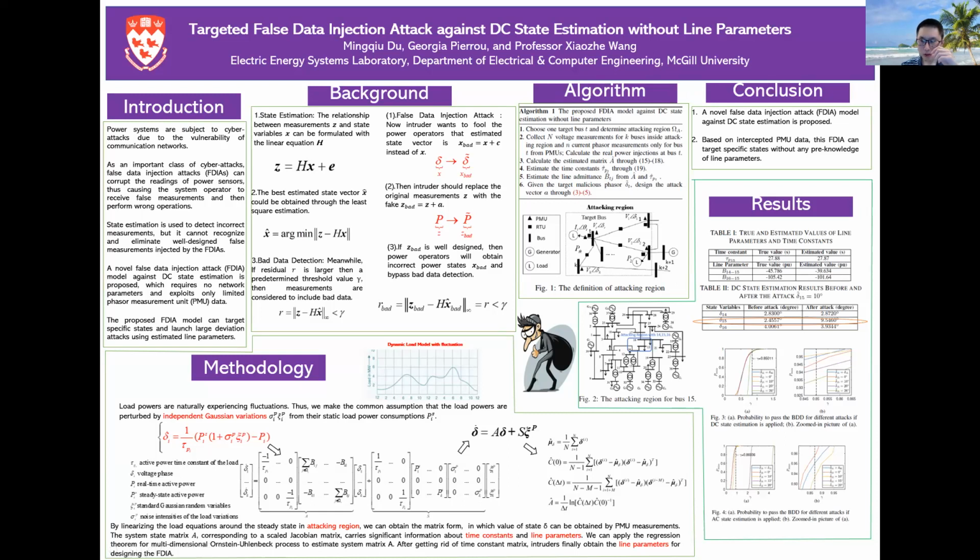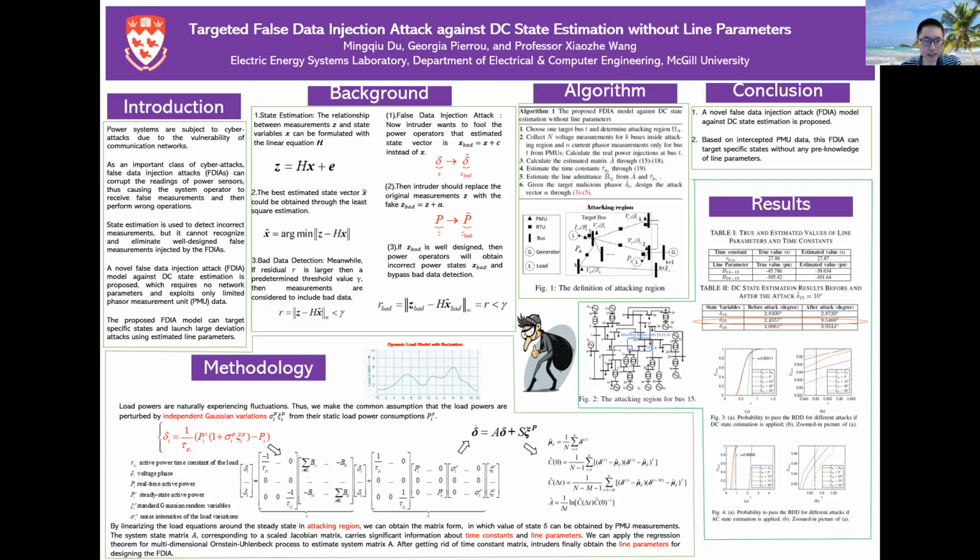Just like the computer system, the power systems are also subject to cyber attacks due to the vulnerability of the communication networks. False data injection attacks are an important class of cyber attacks.